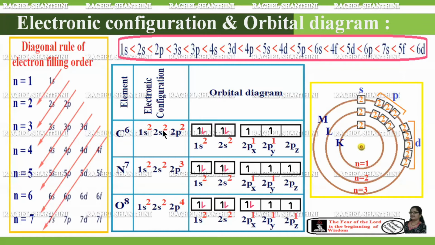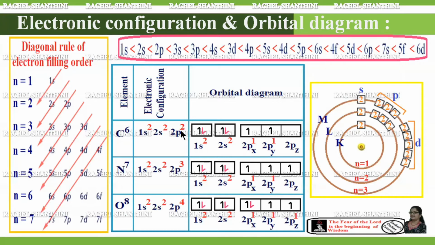To represent the 2 electrons present in 2s orbital, again we need to draw one upward arrow mark and a downward arrow mark, which represents opposite spins of electrons present in 2s. While filling the p orbitals, we need to remember the Hund's rule of maximum multiplicity, which tells us pairing up of electrons takes place only when there is no empty orbital.